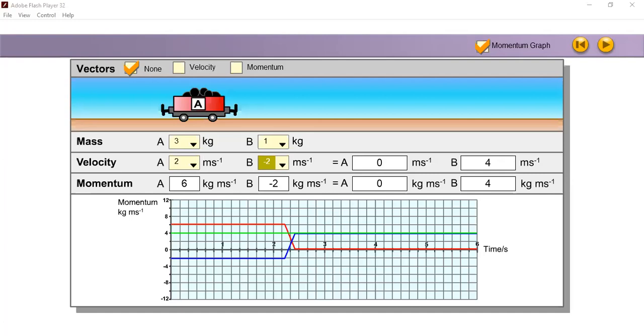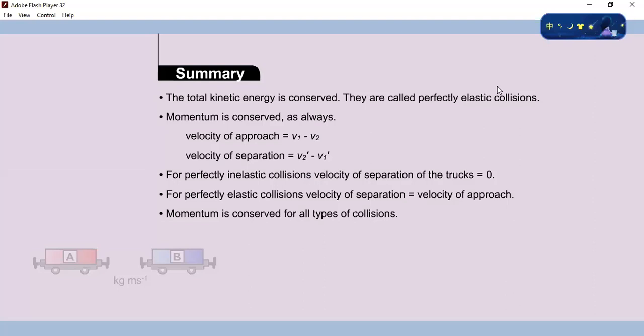As a summary, we can say that total kinetic energy is conserved. They are called perfectly elastic collisions.